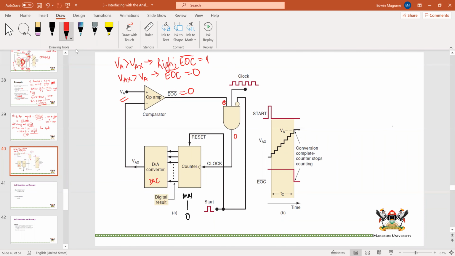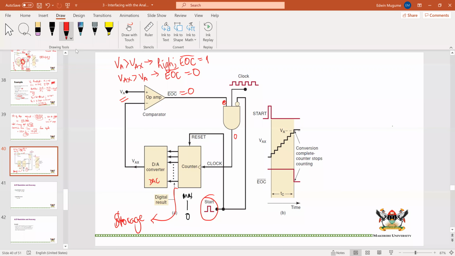Usually you have this connected to a computer or some memory, so that signal can come out and go into storage or any other purpose that you want to use it for. When you want to restart to convert another signal, you give a start signal and the whole process repeats again.